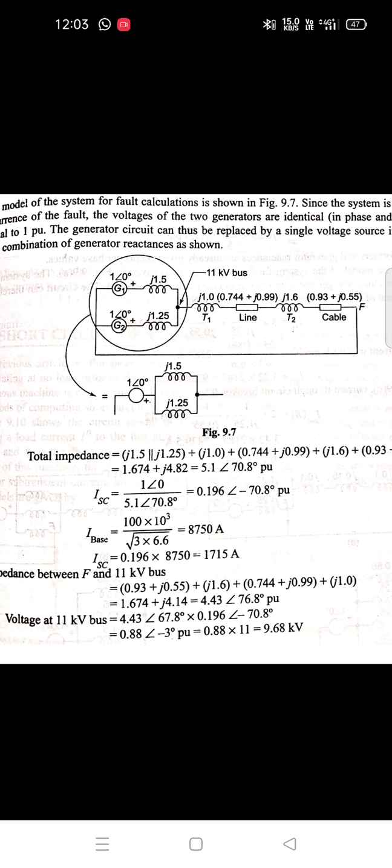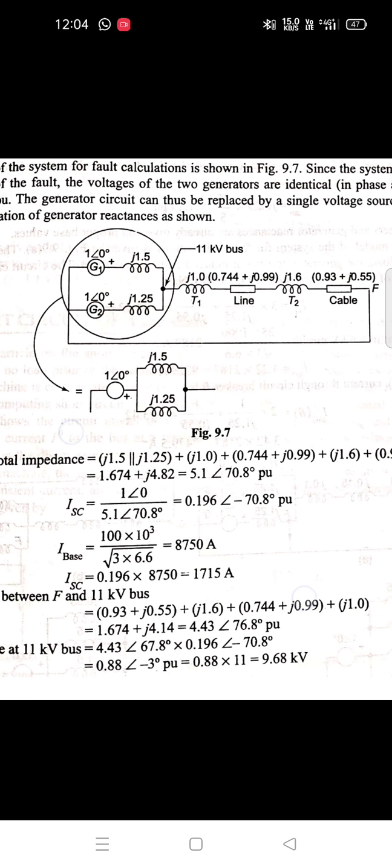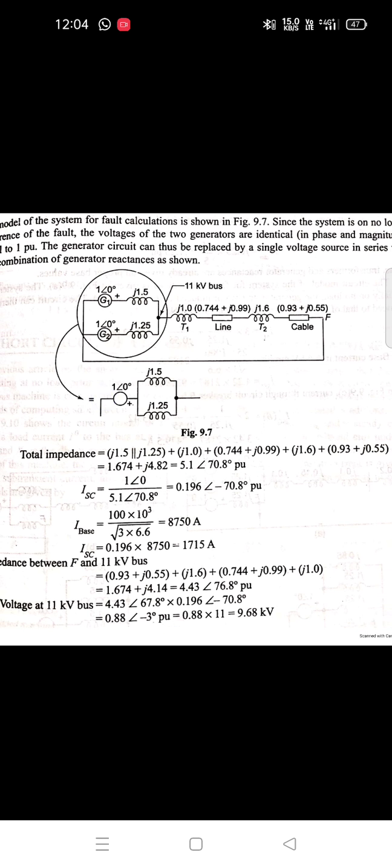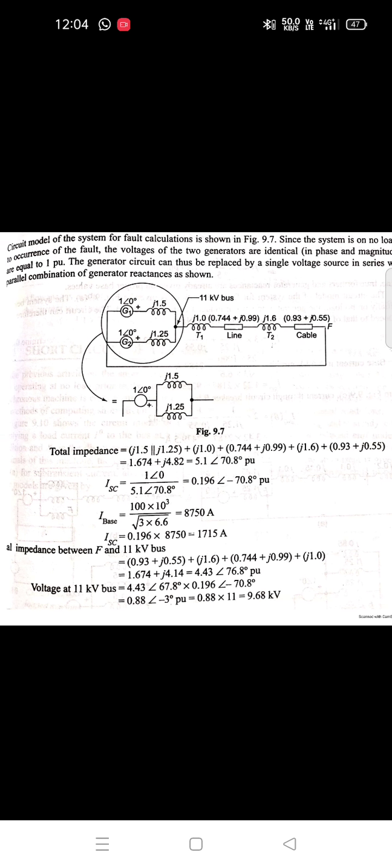So 100 MVA divided by root 3 into 6.6 results in 8750 ampere. Now simply by multiplying this with the fault current in per unit, we get the actual fault current of 1715 ampere.